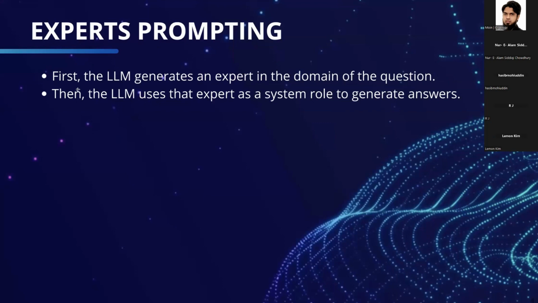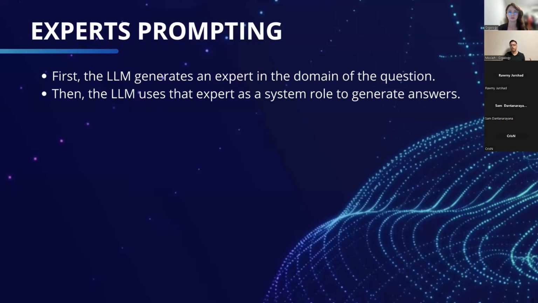And in this process, expert prompting, the large language model generates an expert in the domain of the question. So what does it actually mean that the large language model generates an expert in the domain of the question? The reason it can do that is because it is already trained in the pre-trained state with a huge amount of information. So it basically knows about most of the public information out there.